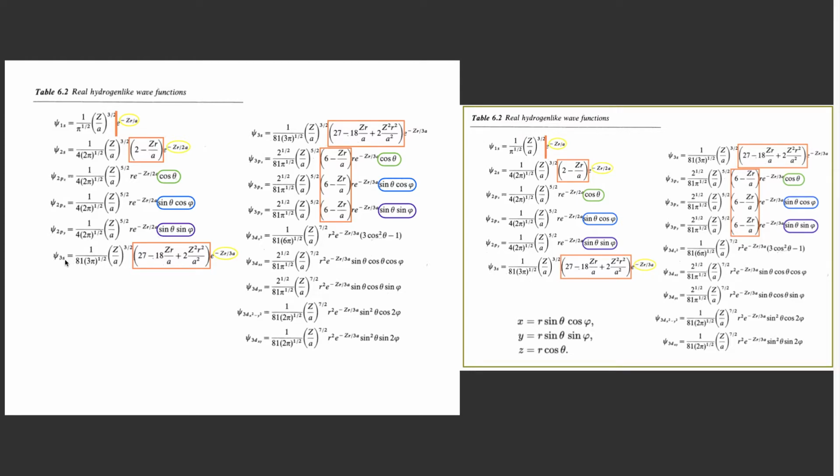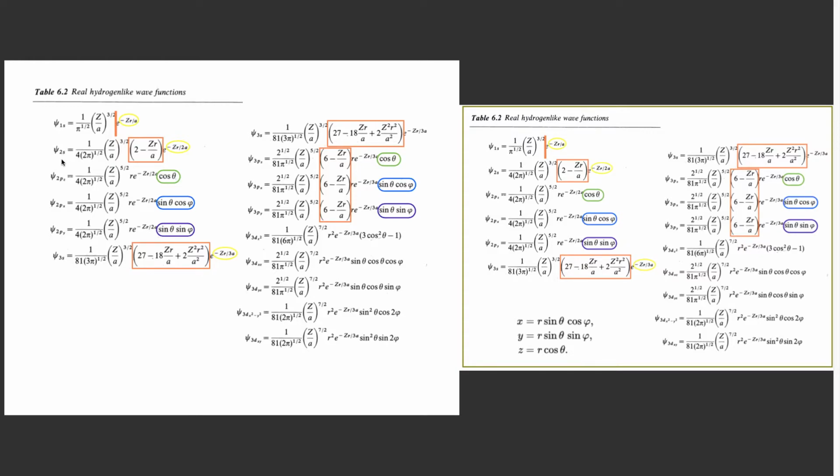And for an azimuthal quantum number of 0, right, s has the azimuthal quantum number l equals 0. p has l equals 1, and d has l equals 2, right? Because the azimuthal quantum number can vary from 0 up until n minus 1. So there is only an s orbital for the n equals 1 shell.